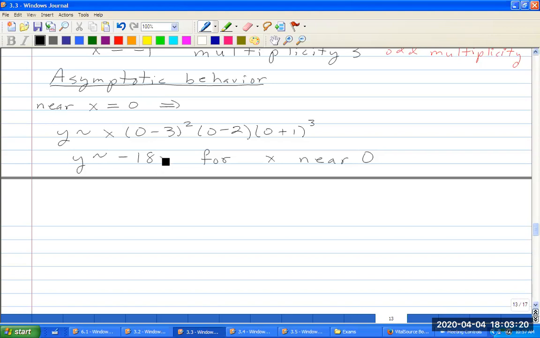So near x equals 0, it looks like a line, a polynomial of degree 1. It looks like some polynomial of degree of its multiplicity near the root. Let's look at what happens near x equals 3.